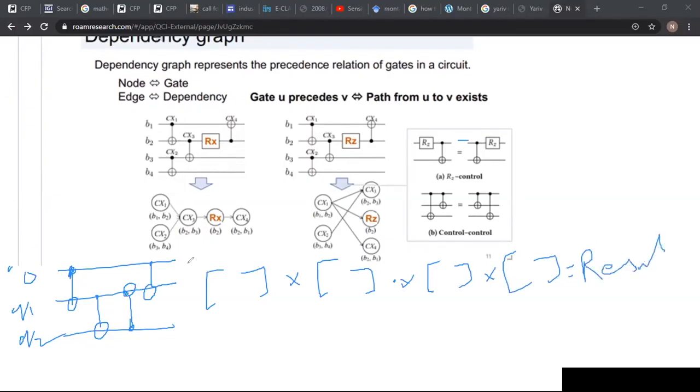Suppose these are C1, C2, C3, and C4. This matrix corresponds to C1, this matrix corresponds to C2, and this matrix corresponds to C4. And for a traditional C0 gate, if I am not wrong, the matrix is somewhat like this.